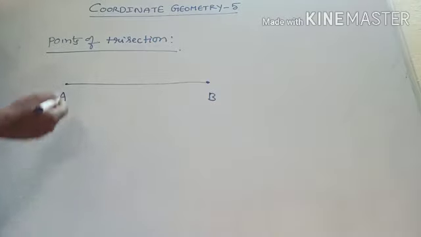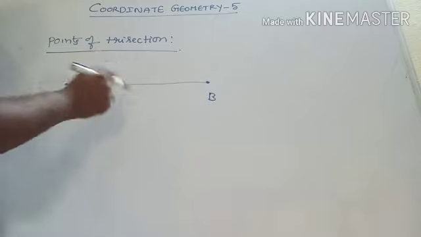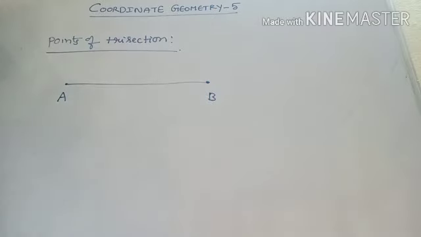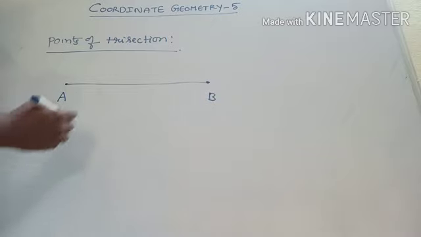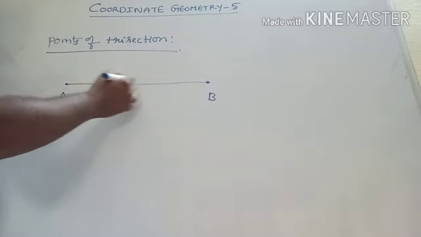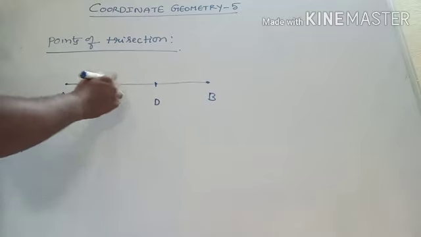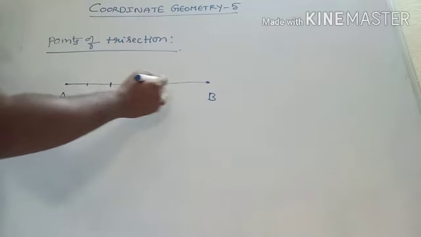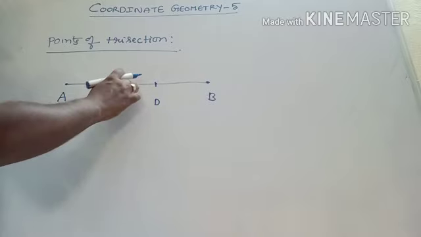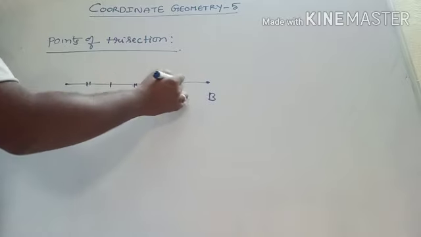Suppose we want to divide the total line segment into 3 equal parts. That means 2 cuts are required, C and D. These C and D will divide this into 3 equal parts.